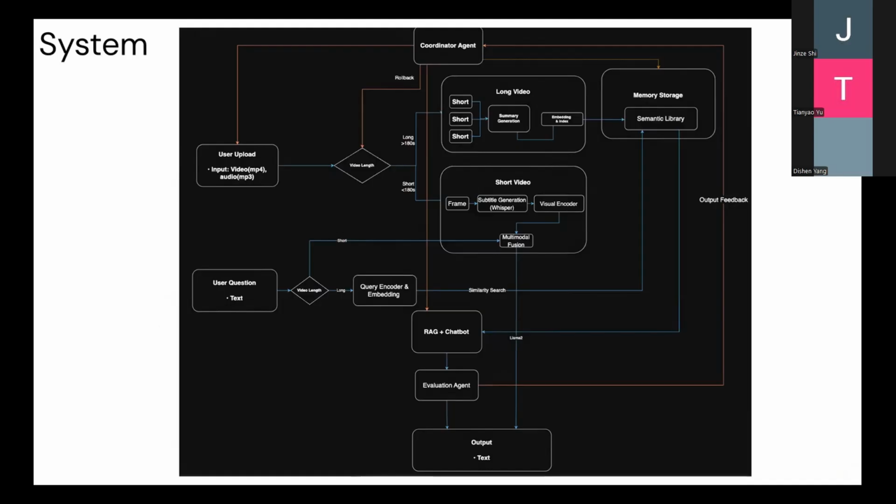After that, each segment's summary is generated, and together with the subtitles, these summaries are transformed into a vector index and sent to the semantic library inside the memory storage.